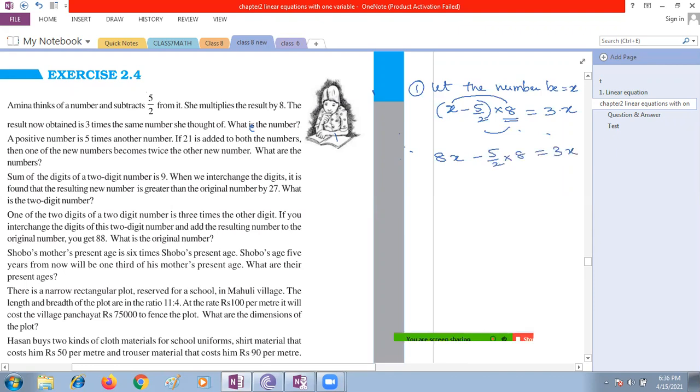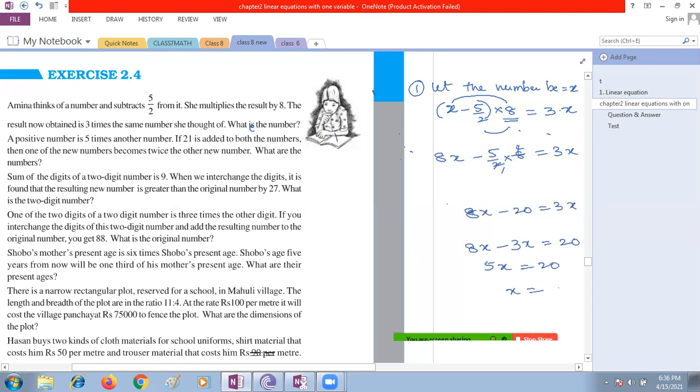Here it is a multiplication of a fraction with a whole number, 2 fours are 8, so it's nothing but 8x minus 20 is equal to 3x. If you transpose 3x to the left hand side, it is 8x minus 3x, and this minus 20, if you send it to the other side, becomes plus 20. So 8x minus 3x is nothing but 5x is equal to 20.